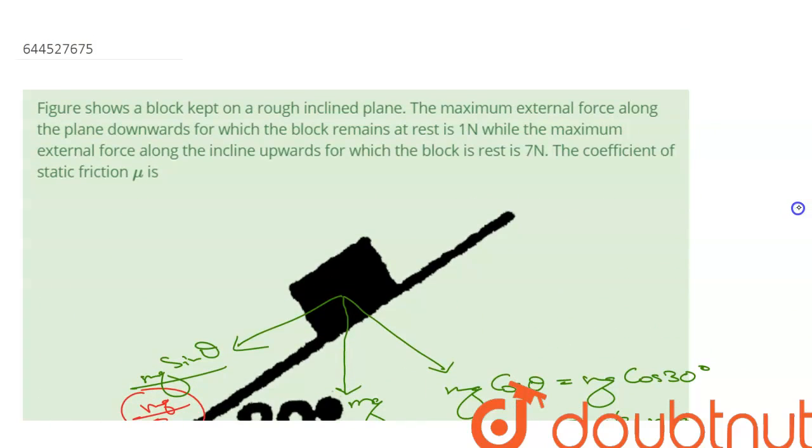Now when you're pushing it downwards with 1 Newton, the frictional force is going to act upwards.